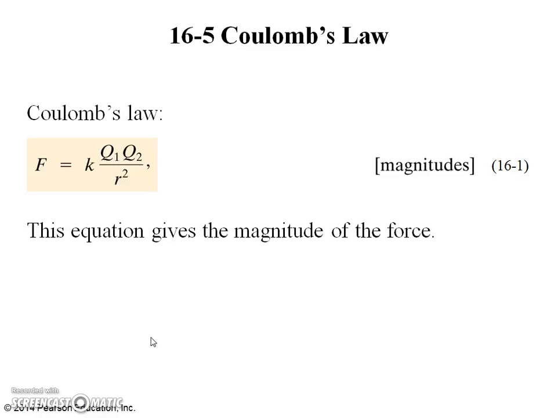As an equation, we can write Coulomb's law as F equals k times Q1 times Q2 over r squared, where k is the proportionality constant. Q1 and Q2 represent the charges and r represents the distance.